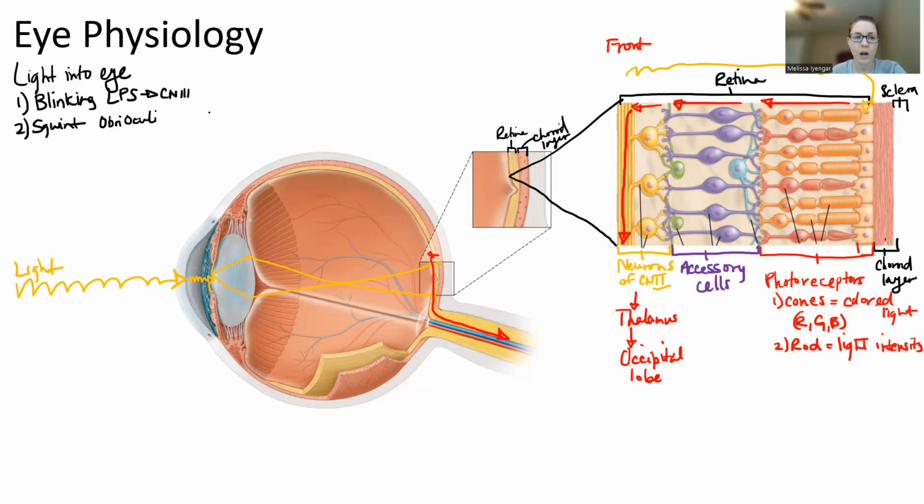So the orbicularis oculi, remember, is innervated by cranial nerve 7. And I know this is small here, but that's because I want to use this space for something else. So that's also going to help us regulate how much light comes into the eye, basically how much light's coming into the cornea. You can also think about the orientation of the eye.